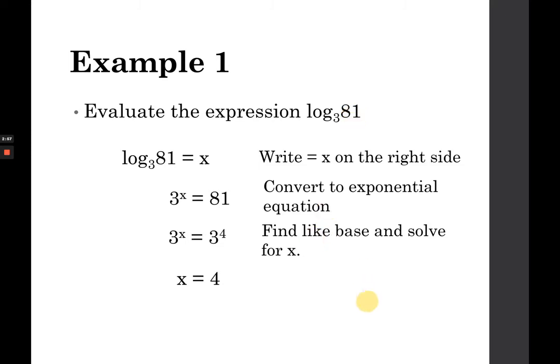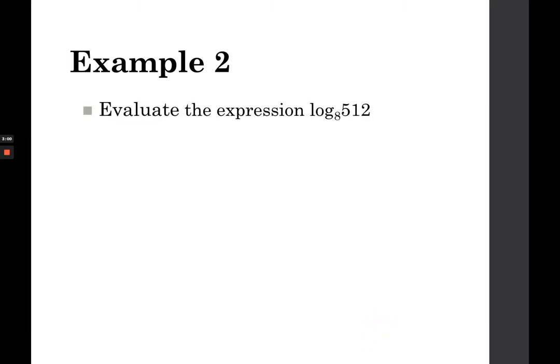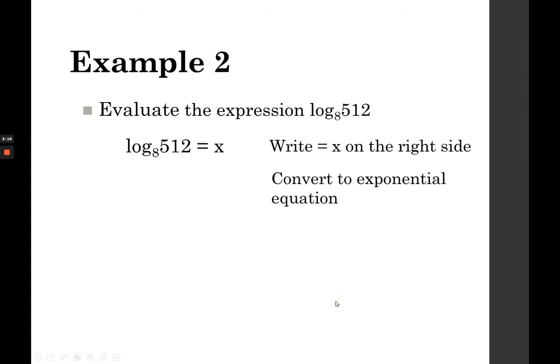Let's have another example. Evaluate the expression logarithm base 8 of 512. Same steps, write equal x on the right side, convert to exponential equation. It should be 8 raised to x is equal to 512.